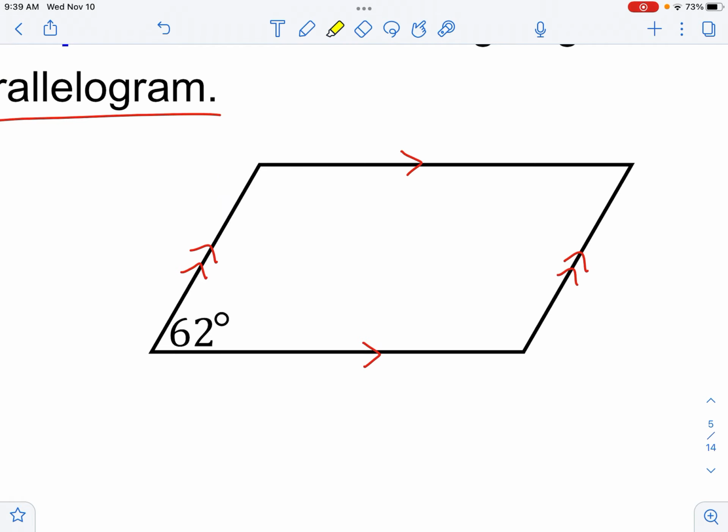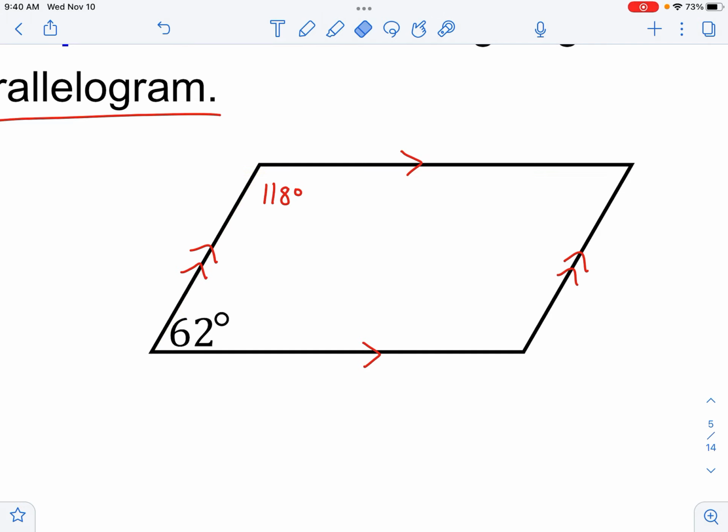I see parallel lines right here, 1 parallel line, 2 parallel lines, and there is a transversal right here. If you look at these 2 angles, they are both on the inside and on the same side. They're same side interior angles. Same side interior angles are supplementary. 180 minus 62 is 118 degrees. So I know that angle is 118 degrees.